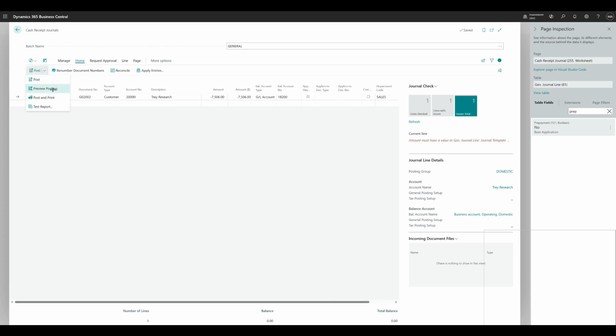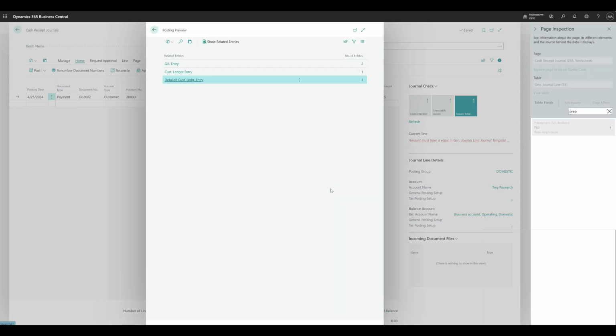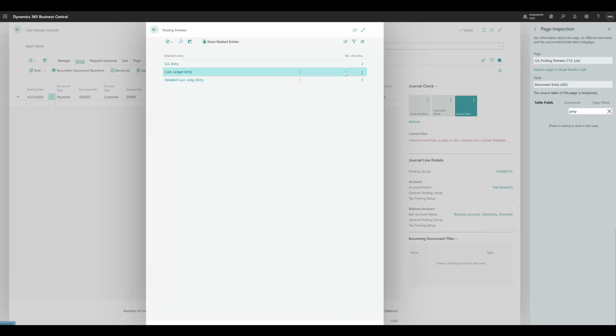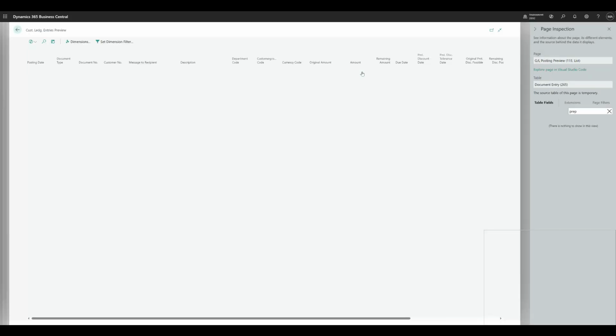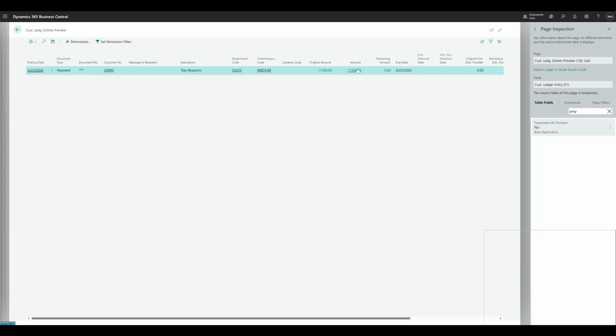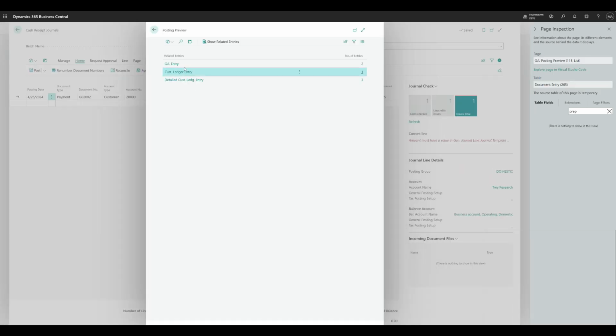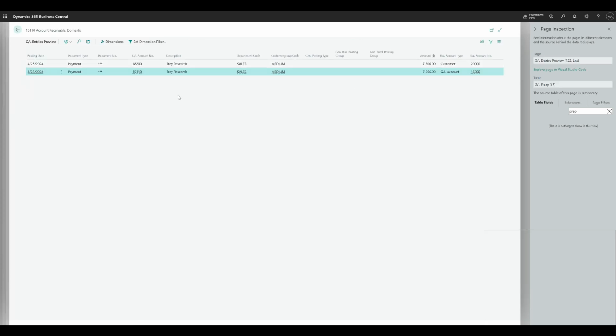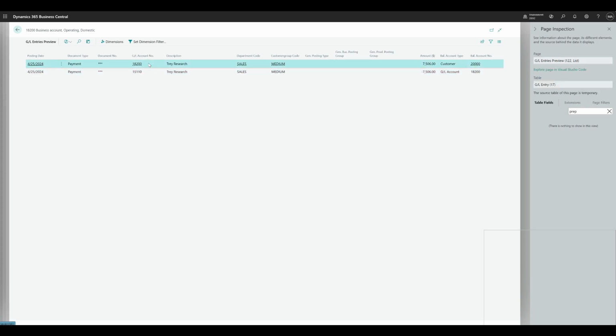Let's preview the posting. And customer ledger entry, we're expecting a payment to cover for the 7,500. And the GL entries, we see now the accounts receivable offset because we received the payment, and the payment is received into an asset, into a bank account, business account.